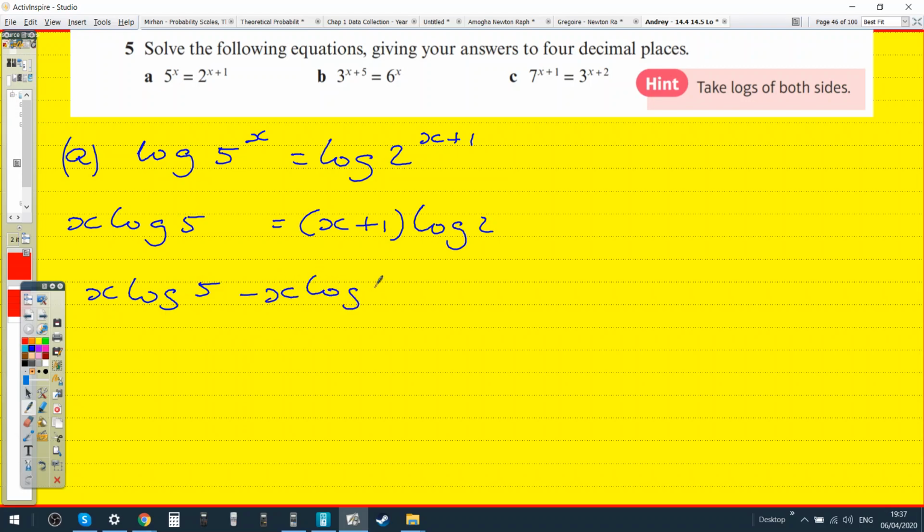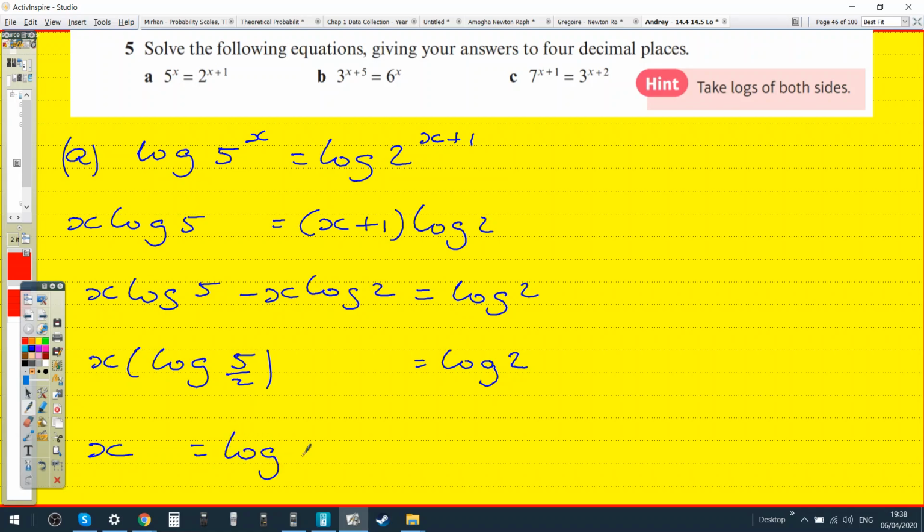And then I take out the x, I factorize the x and get x log 5 minus log 2 is equal to log 2. And then would that be x log 5 over 2 equals log 2? And then I can just do x is equal to log 2 divided by log 5 over 2.